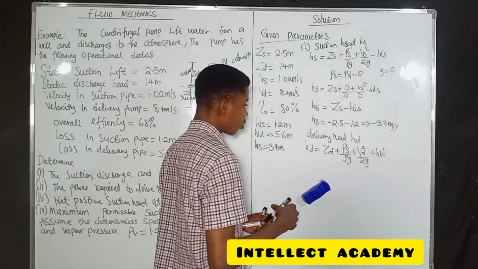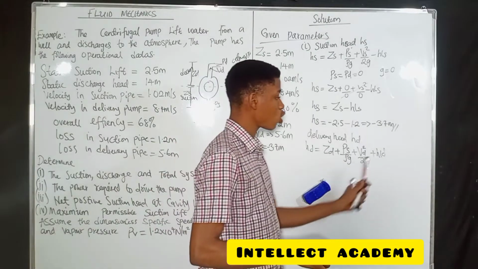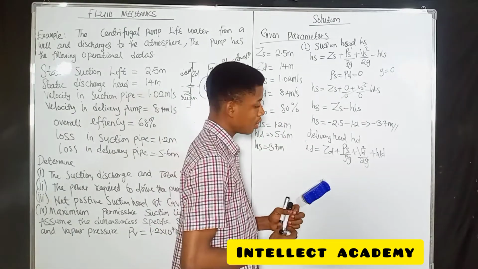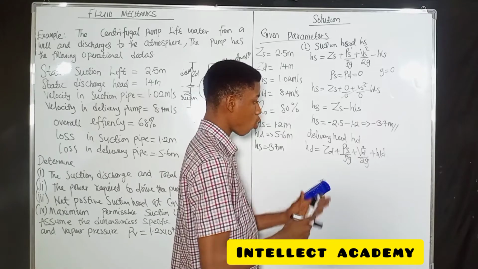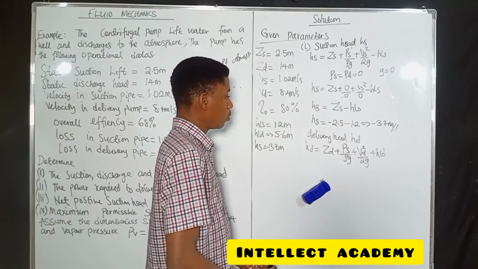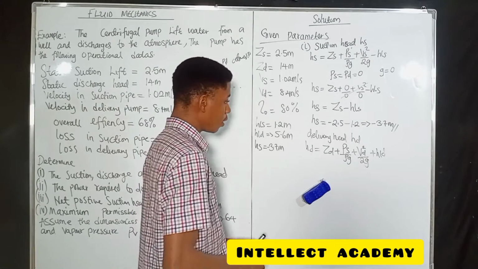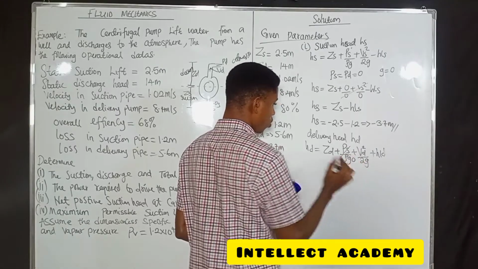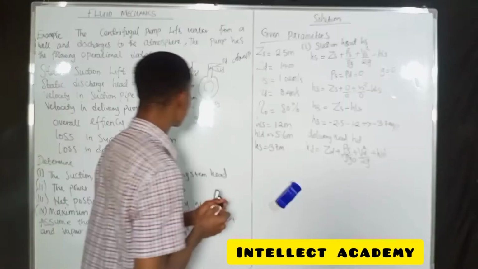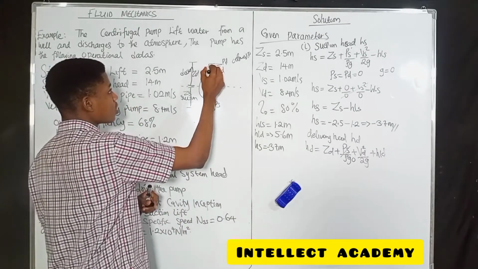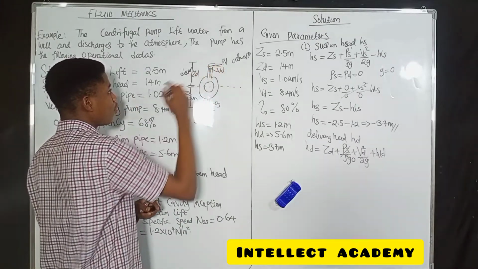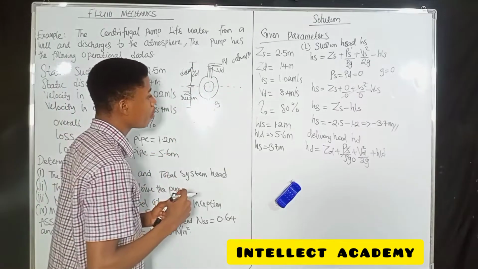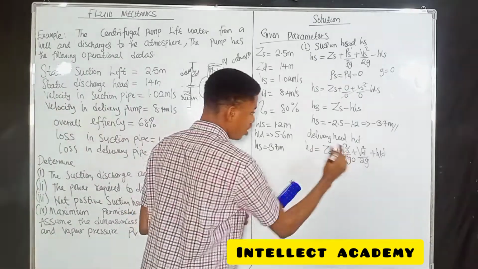Now take note, I told you earlier that in the case of this, it is always positive. It is positive always. Take note of that. In cases of this, it is always positive. Now take note, we are having this to be 0. Now at this point of flow, which is the discharge side of the centrifugal pump, we are having that G is not equal to 0.